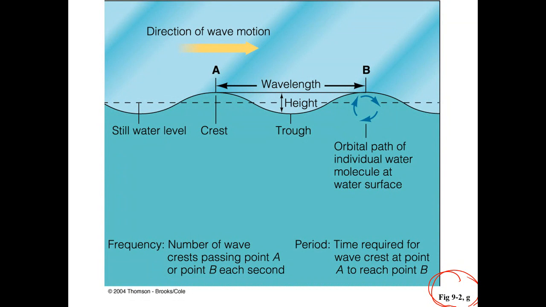Okay, so the most important thing to notice with a wave is that a complete wave goes trough to crest to trough, meaning I've completed one complete up and down. Okay, we could equally go from crest down the trough to the upper crest.